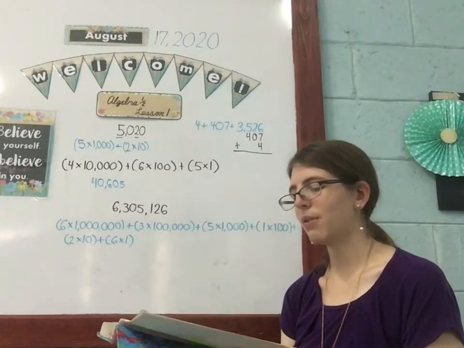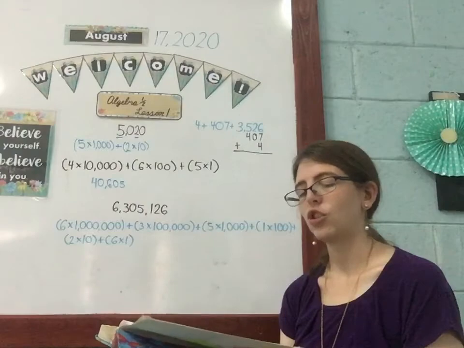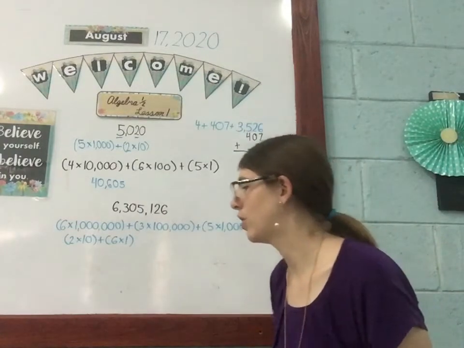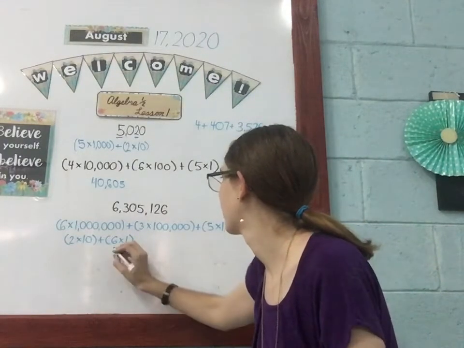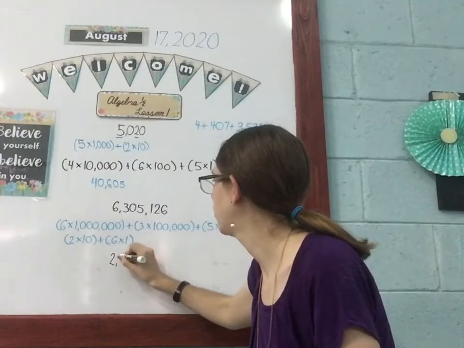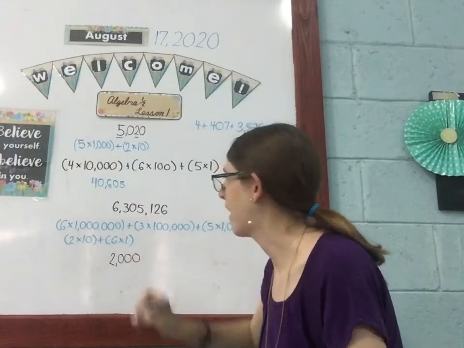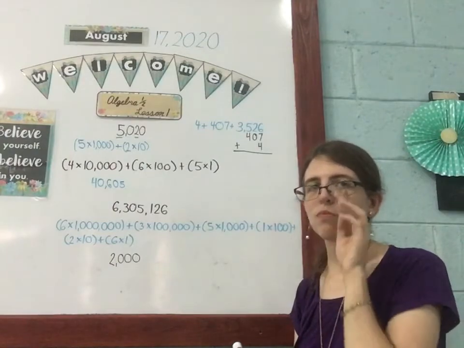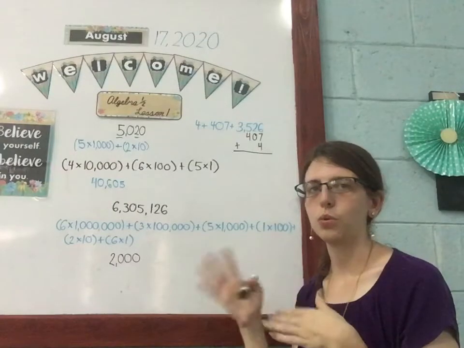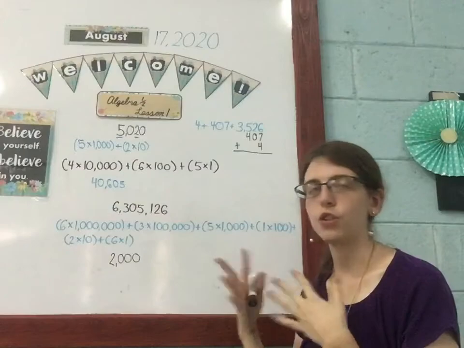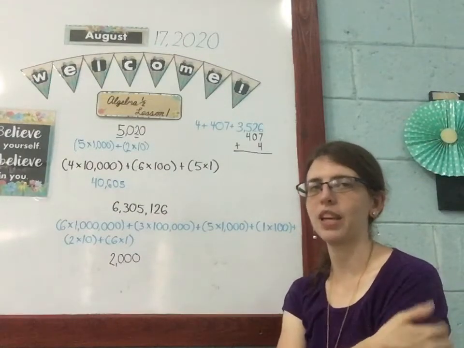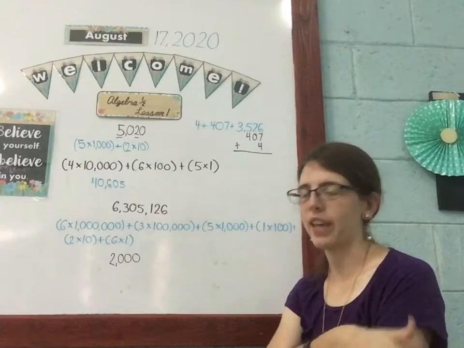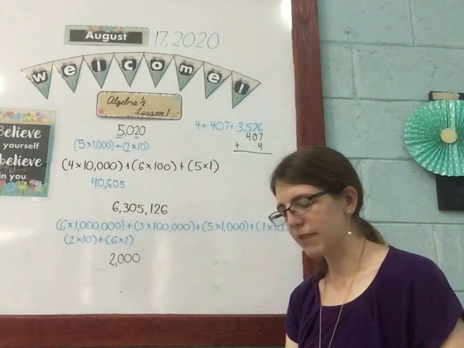All right, the value of 2 is 2,000. So you should have written it out like this. 2,000. By the way, you do not need to do your practice twice because we're doing them together here on the video. But your homework, yes.